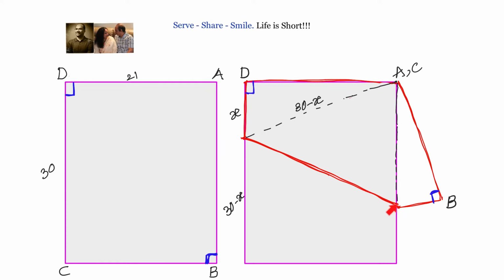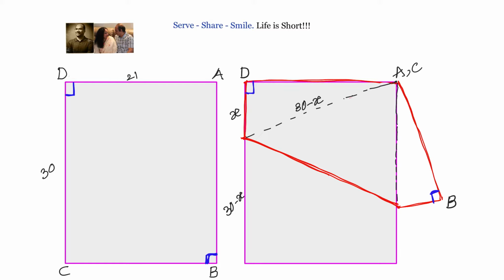Then we need to find out this length, and we can see these two are congruent triangles. Why are they congruent triangles? Because both of them have 90 degrees, both of them have 21, and also both of them are making the same angle here.